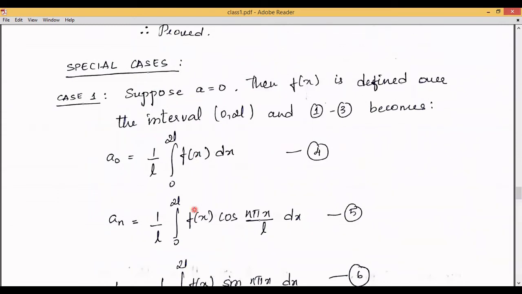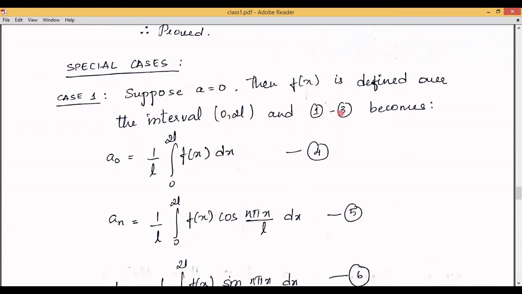First case, suppose a is equal to 0. Then f of x is defined over the interval 0 to 2l. Actually, in general, the interval is a to a plus 2l. Since a here is 0, it is 0 to 0 plus 2l, or simply 0 to 2l.